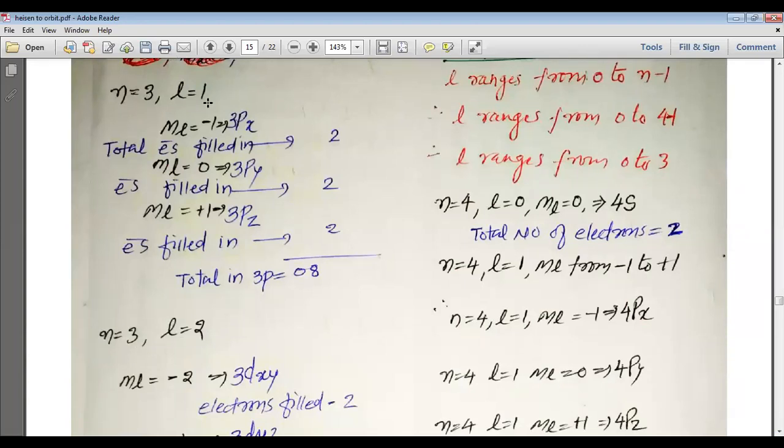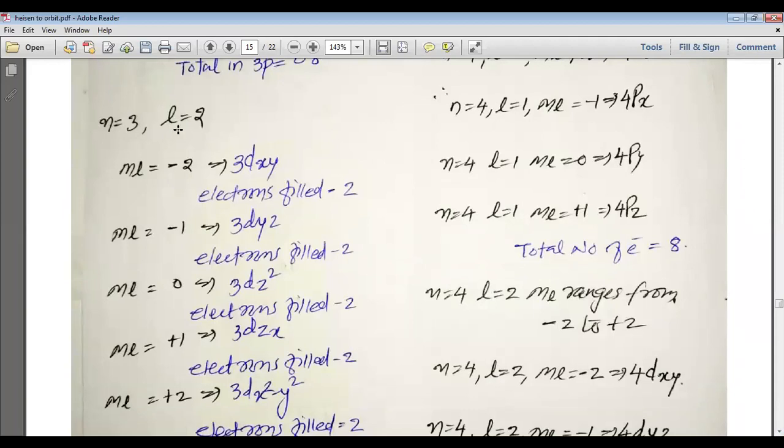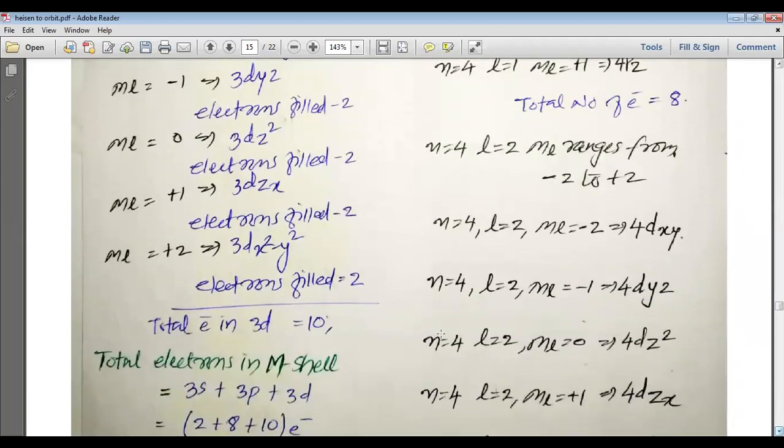When l is equal to 1, we have 3p, that is 3px, 3py, 3pz. So total 6 electrons in 3p. And when l is equal to 2, we have 3d: 3dxy, 3dyz, 3dz square, 3dzx, and 3dx square minus y square. So total 10 electrons in it.